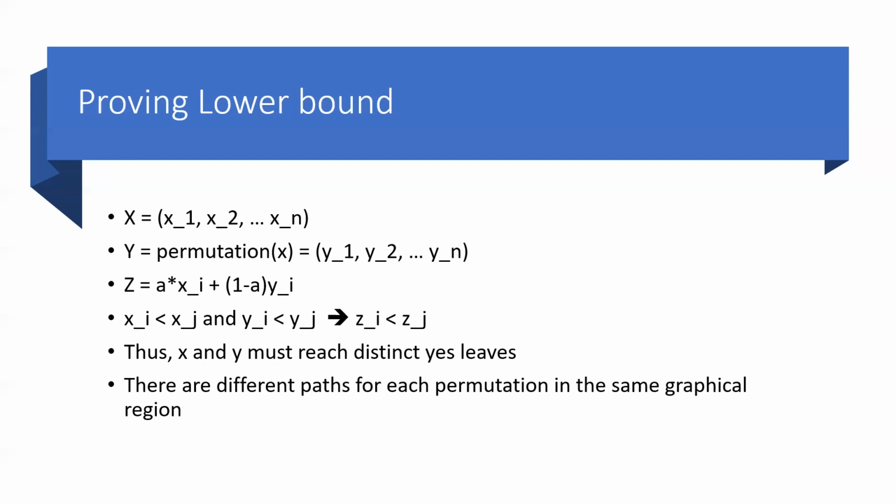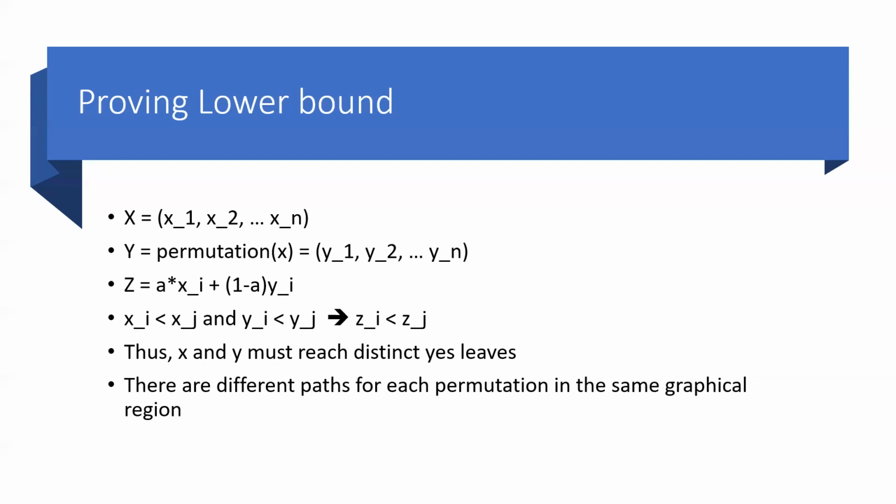So we can plug in a as a constant, a random number, and then plug in each value of xi and yi, and we know that we have to have it so that xi is less than xj and yi is less than yj.